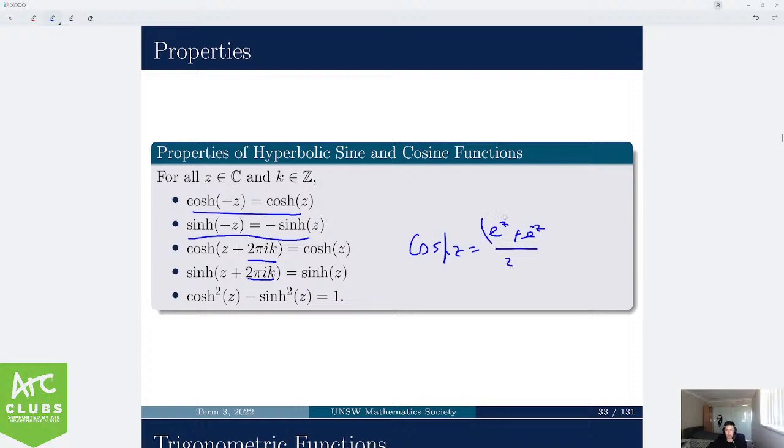And we know that our exponential functions here are periodic every 2 pi i k. So essentially the periodicity of cosh is inherited from the periodicity of our exponential functions. Lastly, this one also carries over from our real analysis: cosh squared minus sinh squared equals 1.